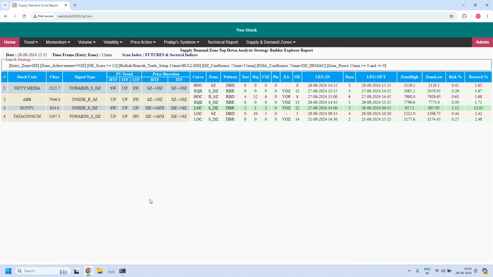In these 4 stocks, 75 minute zones are having daily EMA confluence and they are also supporting bullish trade setup, and 15 and 75 minute zones are having confluence, demand zone confluence. And moreover, all these 4 demand zones are high liquidity zones, and also good RR is available.